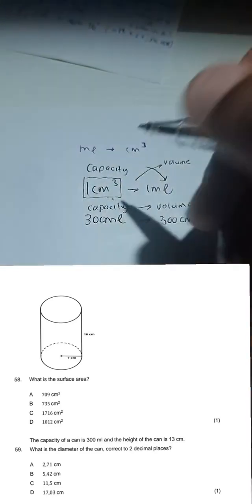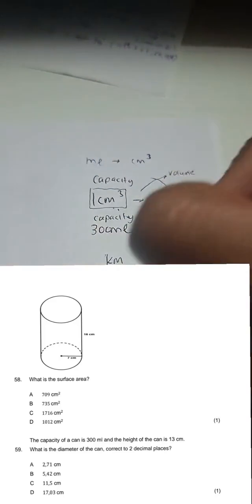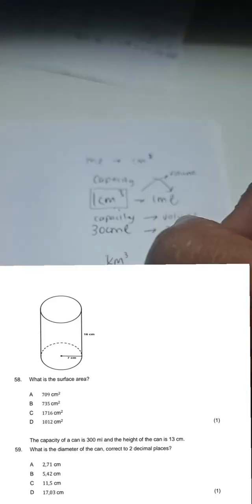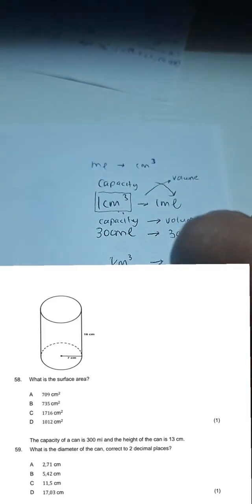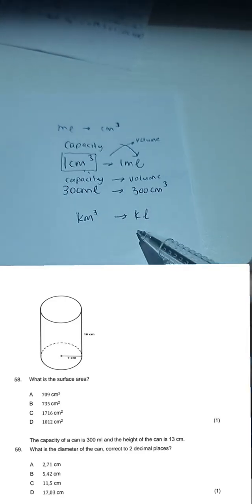So this is what I'm going to now say to you. Kilometer cubed is equal to kiloliter for capacity.